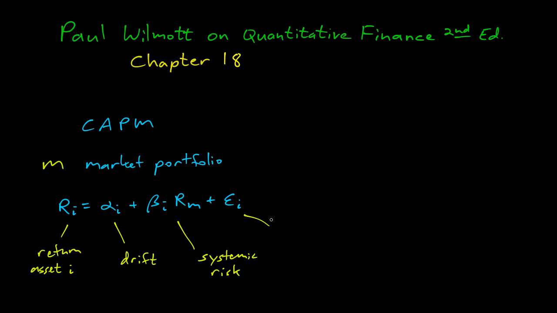And epsilon is the diversifiable risk. So in this model, the returns on an asset are some asset-specific drift, some systemic risk that varies along with the entire market, and then some randomness on top of the returns that is diversifiable, which means if we own lots of assets, these should cancel. These are all just random noise.